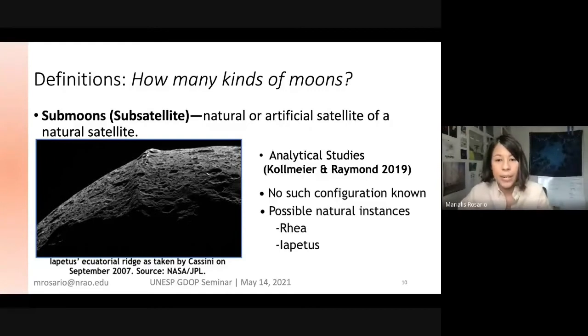There is no way to confirm whether these possible instances are in fact true or not. However, I thought it would be worth mentioning that this has been argued within our own solar system.